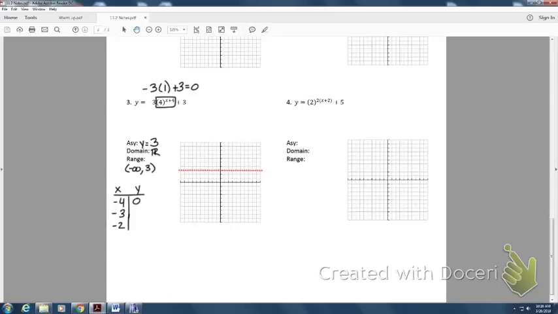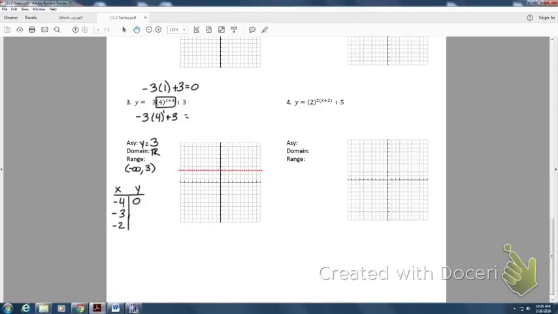Alright, I plug negative 3 in there. Okay, so I'm going to have negative 3 times 4 to the first plus 3. Negative 3 times 4 is what? Negative 12.